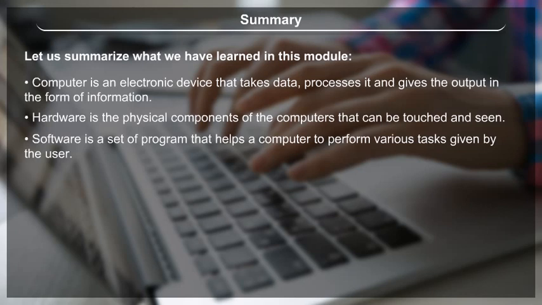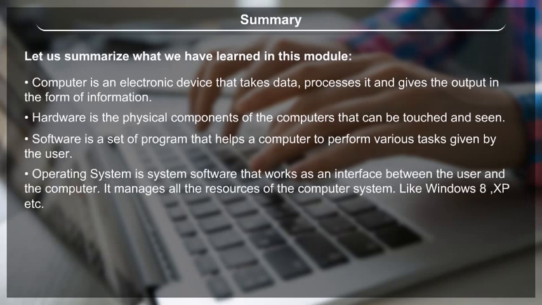Software is a set of programs that helps a computer to perform various tasks given by the user. An operating system is system software that works as an interface between the user and the computer. It manages all the resources of the computer system, like Windows 8, XP, etc.